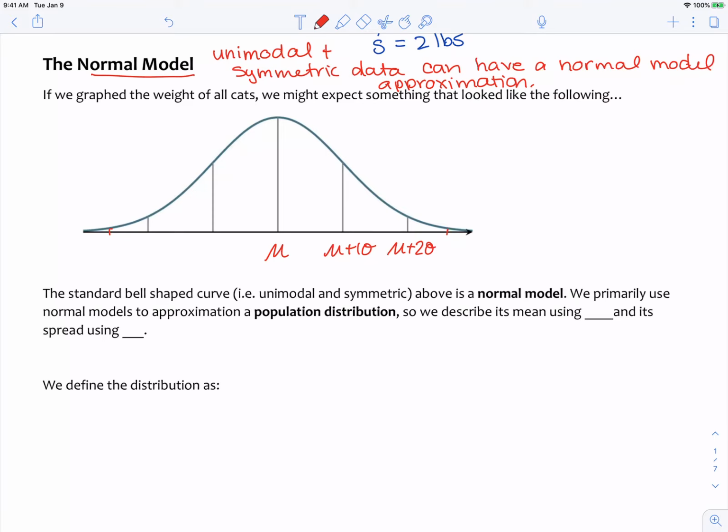We could go 3, but this continues off indefinitely. The curve itself goes off to positive infinity, and in the other direction to negative infinity. So the curve is infinite, regardless of the measures it is representing. If we were doing weights, clearly weights don't go into the negatives, but our model for that distribution still will. The normal model itself will keep on going.